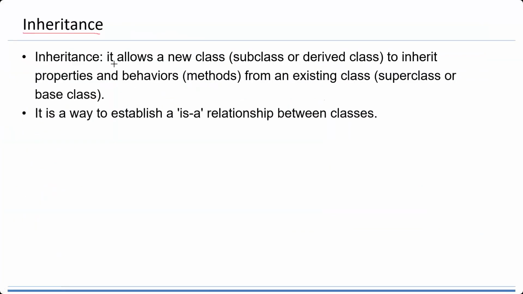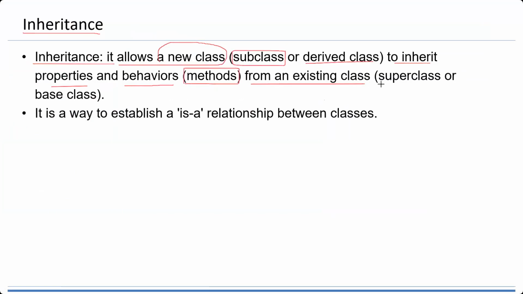Inheritance means it allows a new class, or we call it subclass or derived class, to inherit properties and behaviors, or sometimes we can say methods, from the existing class.